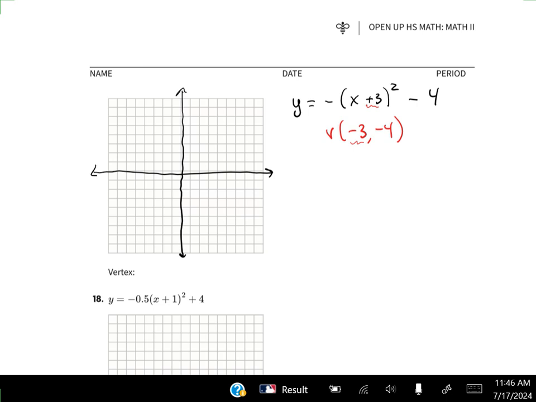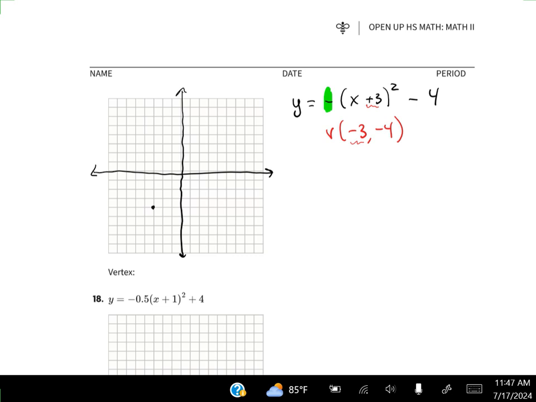So we're at -3, -4. And it's opening down, which means that we're not going to have any x-intercepts in this case. And how we can tell that it's opening down is that we have this negative sign in front of the a value, which in this case is 1.